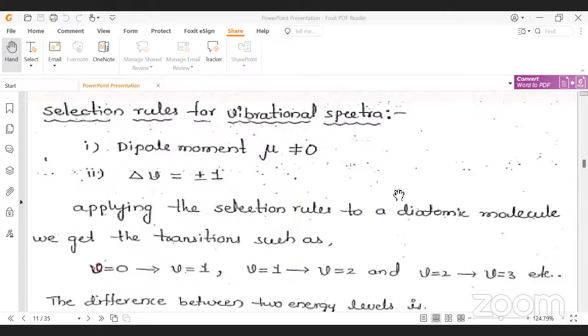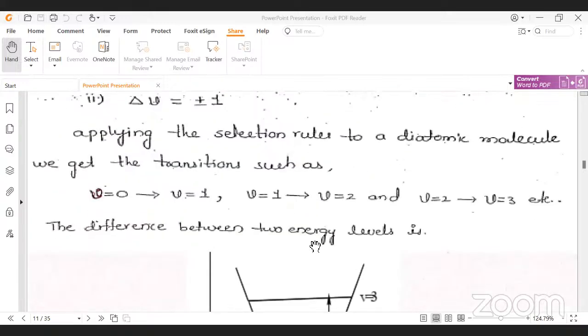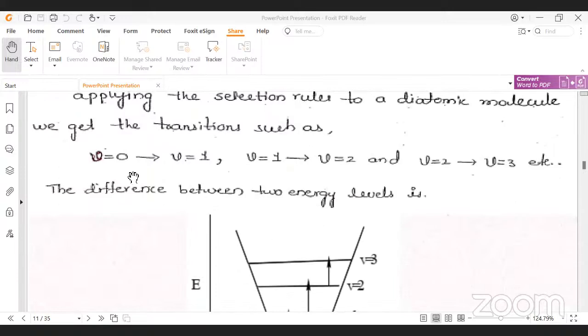Then the next selection rule is delta V equal to plus or minus 1. Applying the selection rules to a diatomic molecule, we get transitions such as V equal to 0, the ground state, to V equal to 1, the first excited state, or V equal to 1 to V equal to 2, or V equal to 2 to V equal to 3.